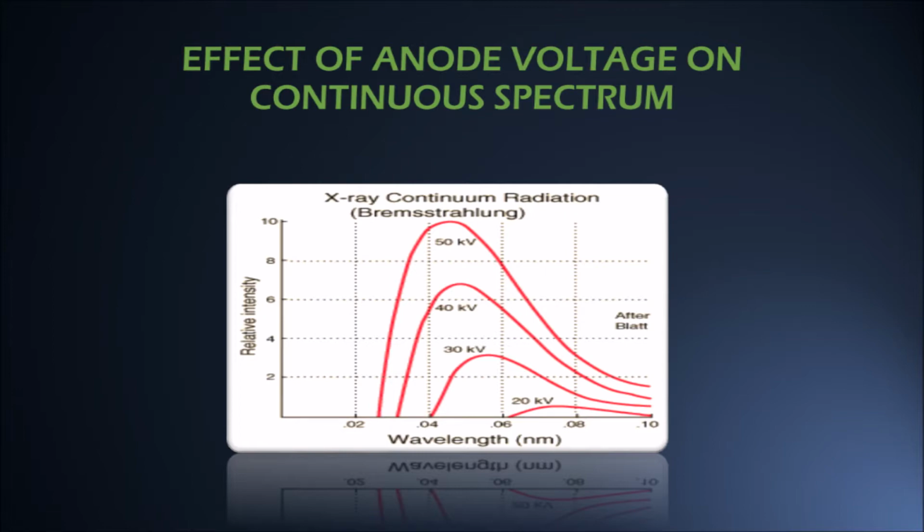The intensity of X-rays corresponding to any wavelength increases with increase in accelerating voltage. Also, it is clear from this graph that with the rise in accelerating voltage, total energy emitted in the form of X-rays increases because area under the graph goes on increasing.